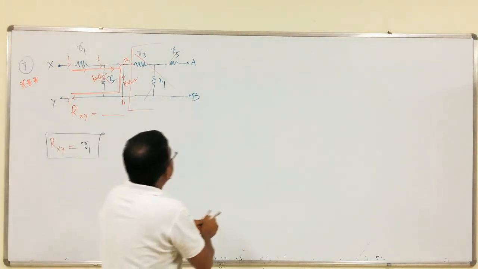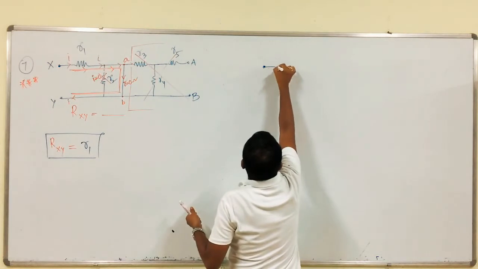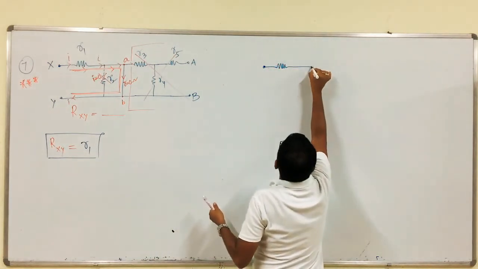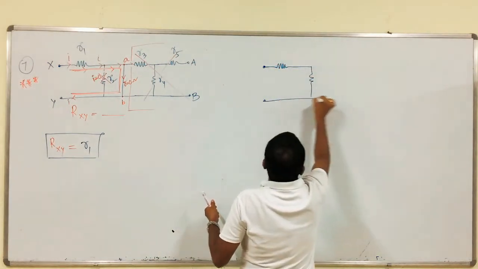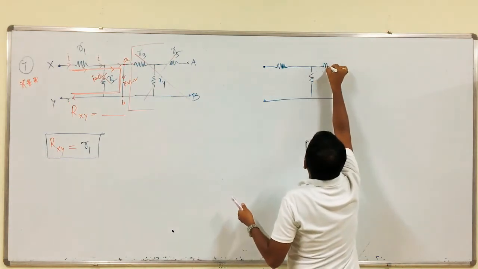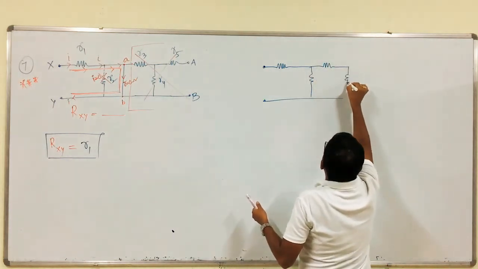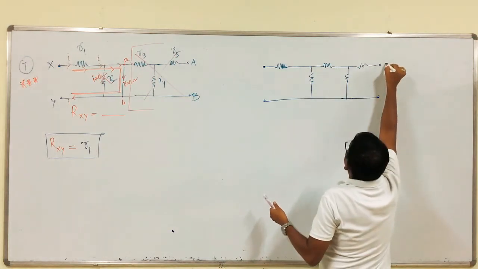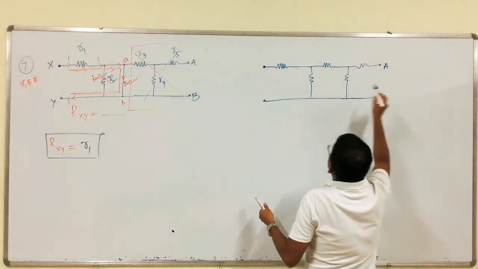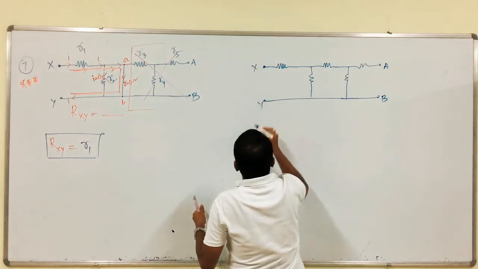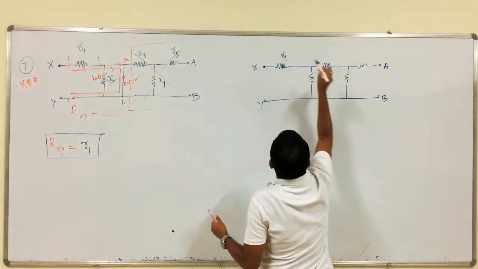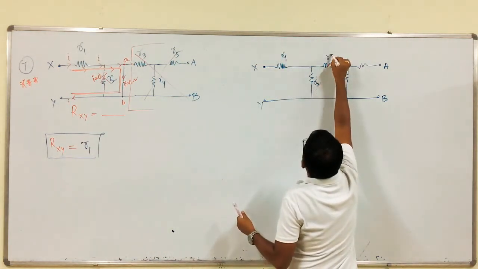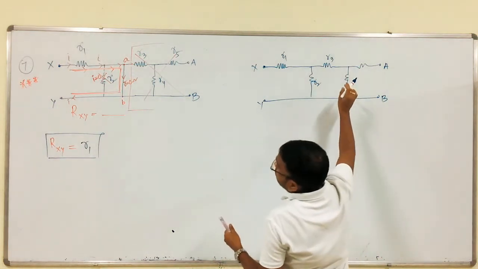I am considering the same circuit. Right, this is A, this is B, this is X, this is Y. This is R1, this is R2, R3, sorry.